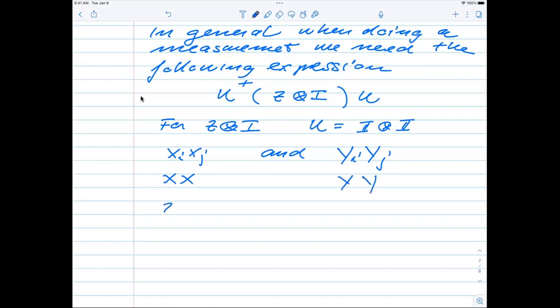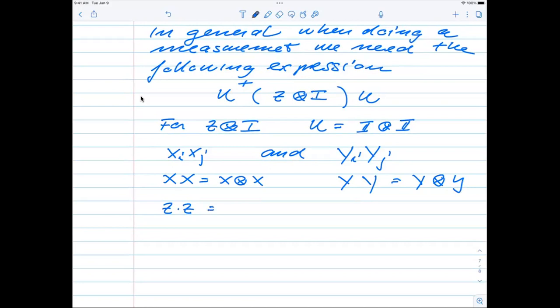So what this stands for is X times X. This is a Y cross product with Y. Remember, these are 2x2 matrices. And now we want to go to a two-qubit system. So that means that they have to be 4x4 matrices. And then we have to perform the tensor product.